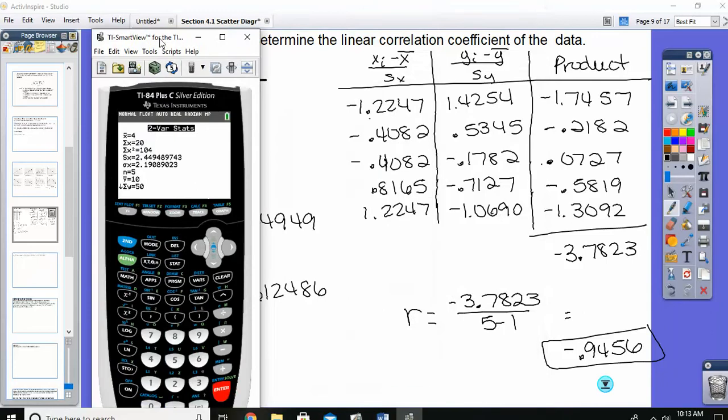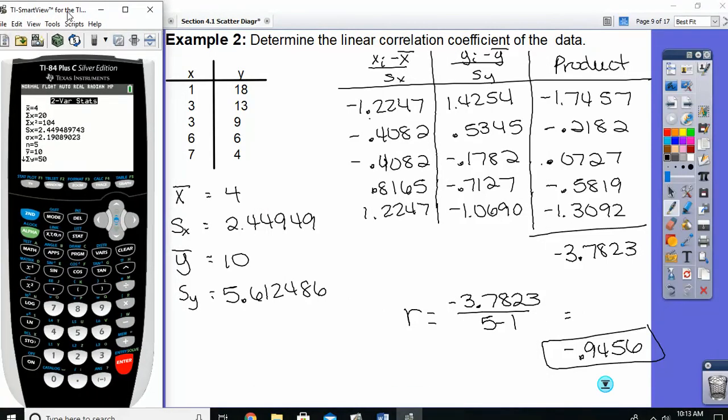Once we do this, it should stay there, but we have to turn something on in our calculator. So we need to go into second, and then if you hit 0, it takes us into our catalog. You need to scroll down to the D's. We need diagnostic on.